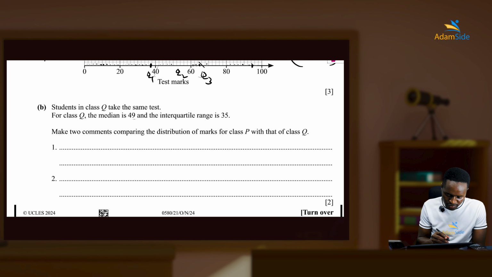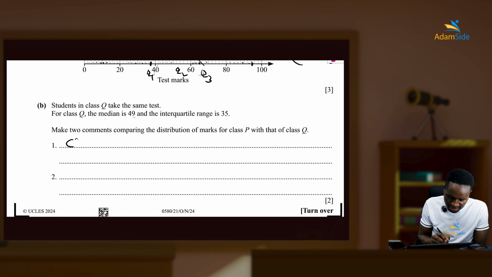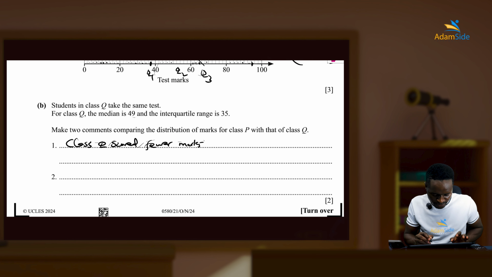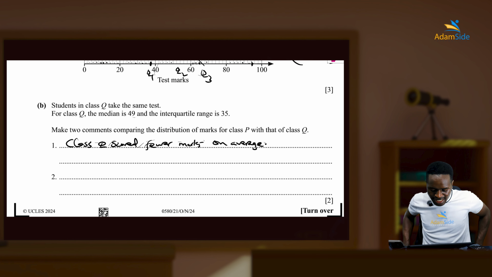We say one suggestion is class Q scored fewer marks on average, because for the other class their median is at 53.